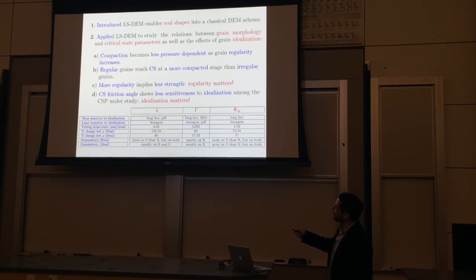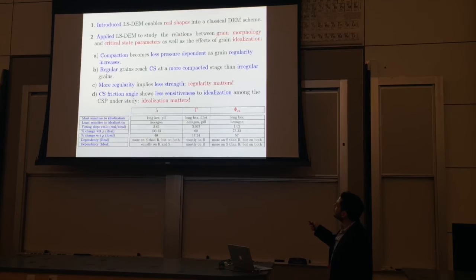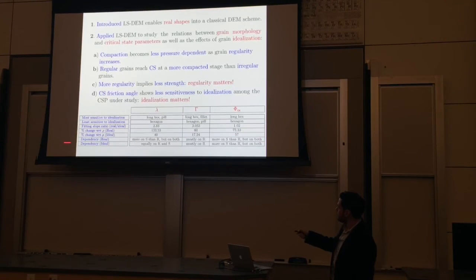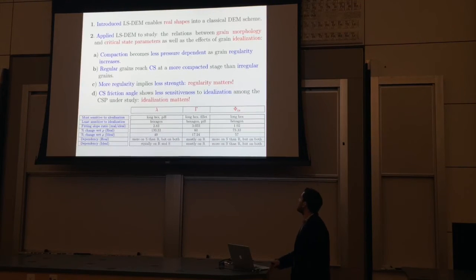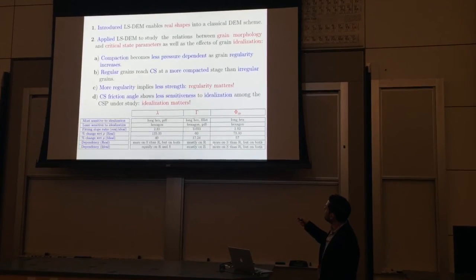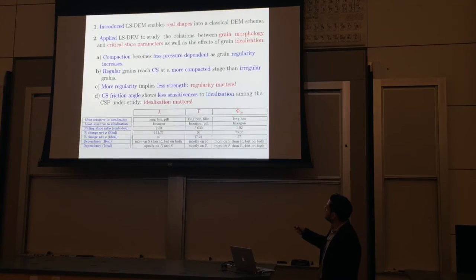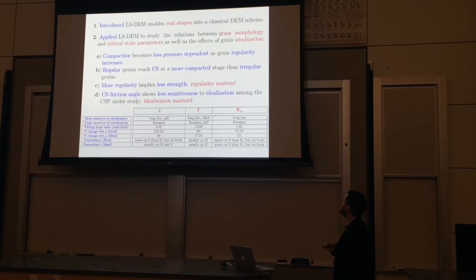For instance, which are the most sensitive particles for each parameter, the least sensitive particles, and the idealization, what's the difference between the idealization and the real thing. And here, what we have similar and different to the real study by Cho and the others. So we agree with them for gamma, which mostly depends on R, but we disagree for lambda, where they claim that it only depends on roundness, but we see dependency on sphericity as well.